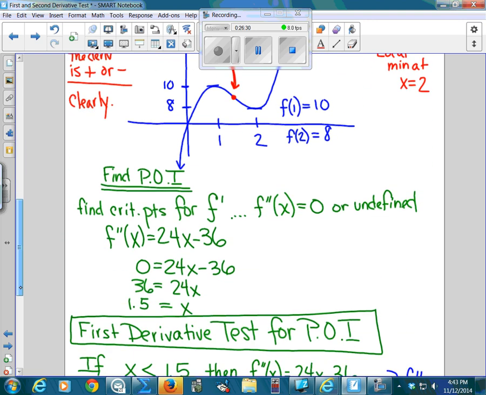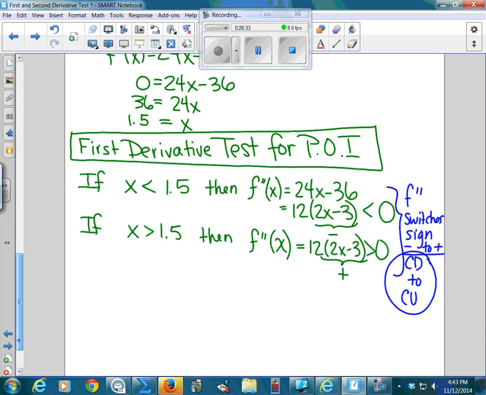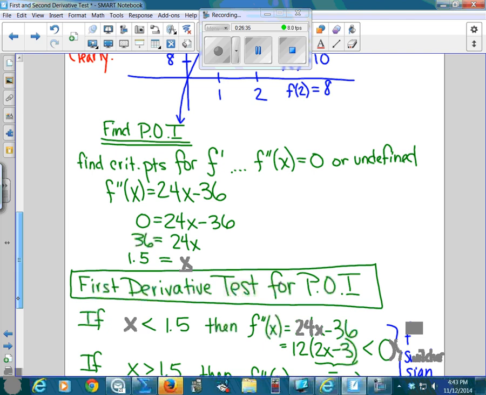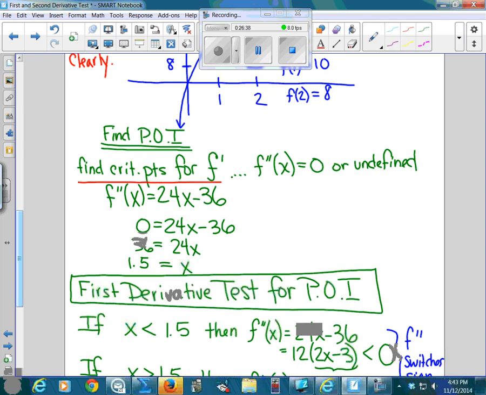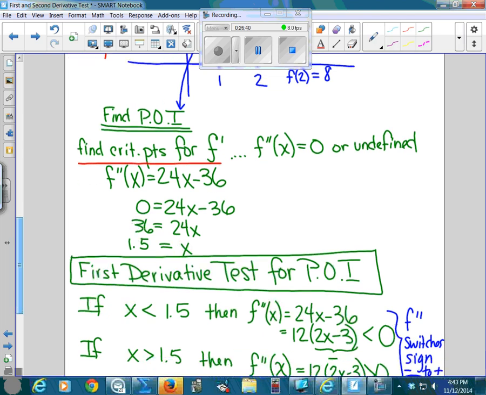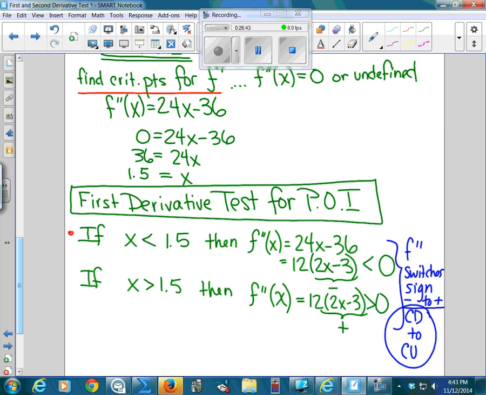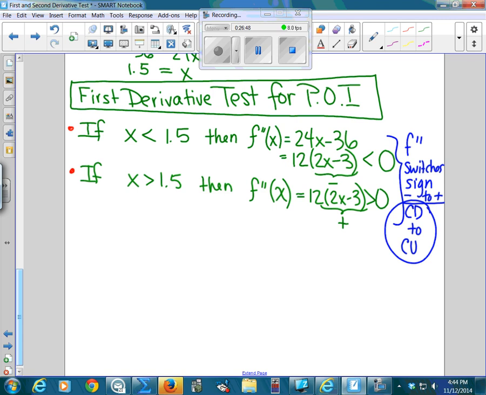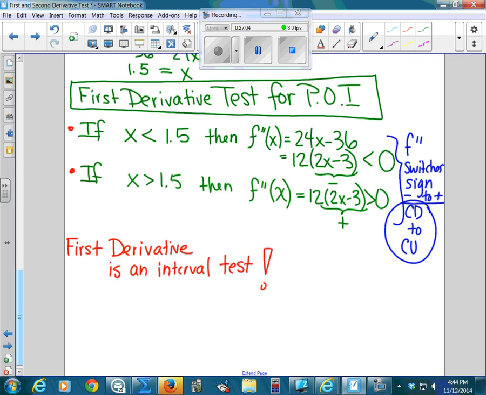And then set up the first derivative test for point of inflection. Find the critical points for f prime, and then test them, left and right. The first derivative test is an interval test.